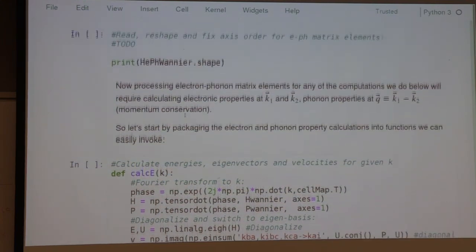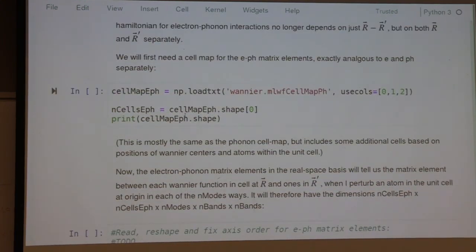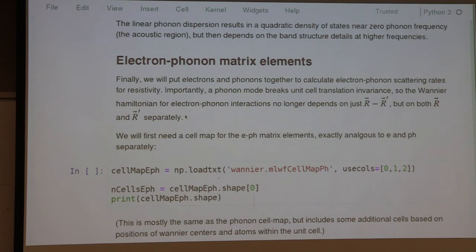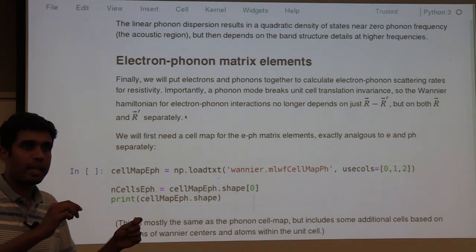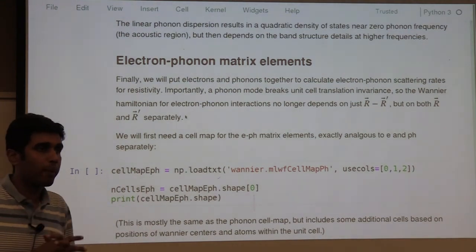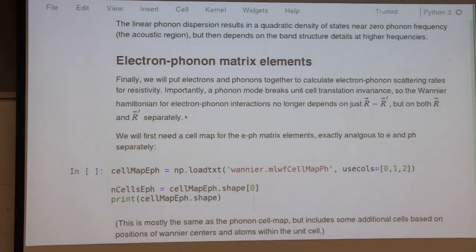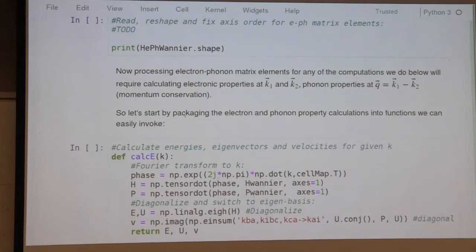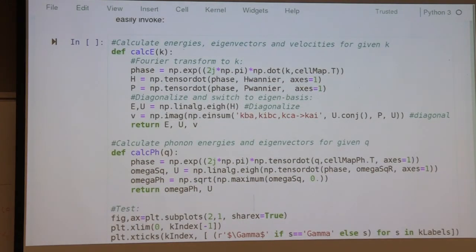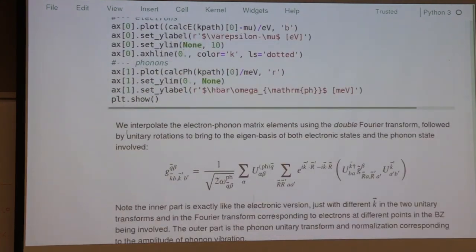So when we want to calculate the electron phonon matrix elements, we now are no longer working at individual Ks. We are coupling all pairs of K points with each other. So what the code does is it first packages whatever we did so far for electrons and phonons into convenience routines, right?